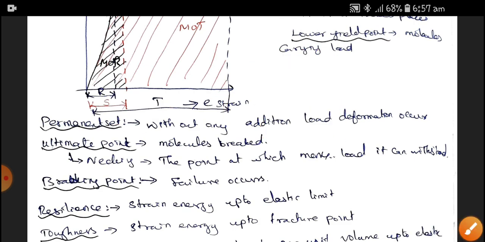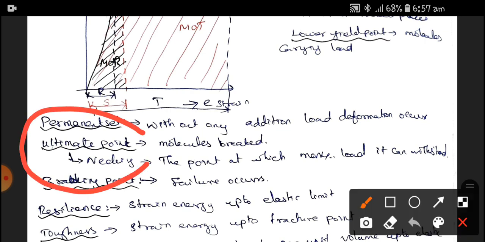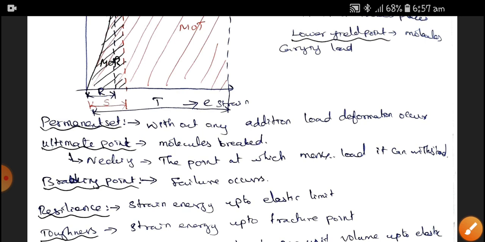And at the ultimate point, the molecules are broken. Therefore, necking is formed in the ductile material at the ultimate point. Necking is nothing but a reduction in area, the point at which maximum load can be withstood. And the next one is the breaking point. At the breaking point, failure occurs.